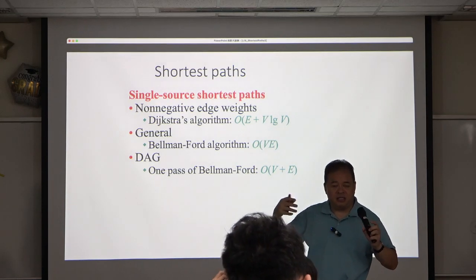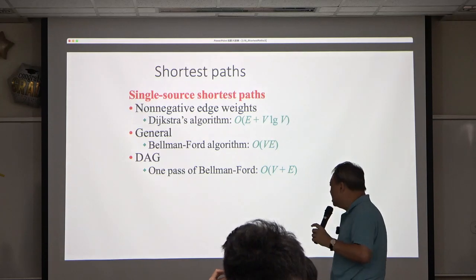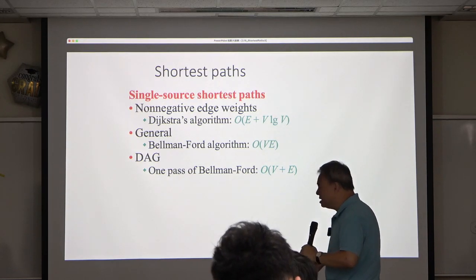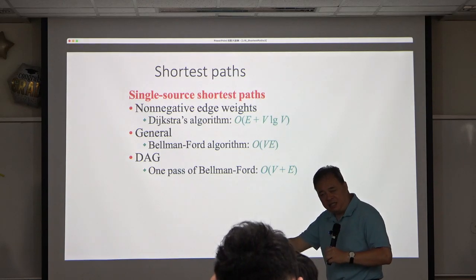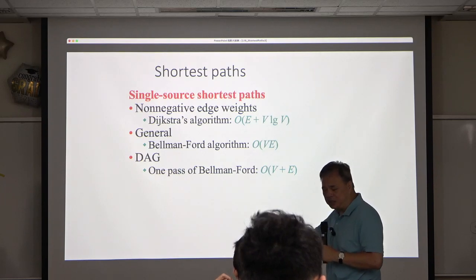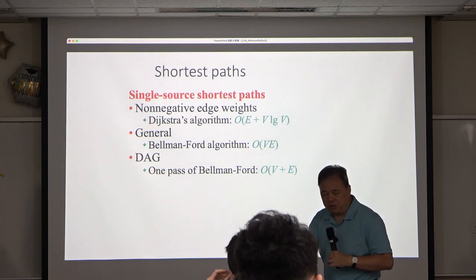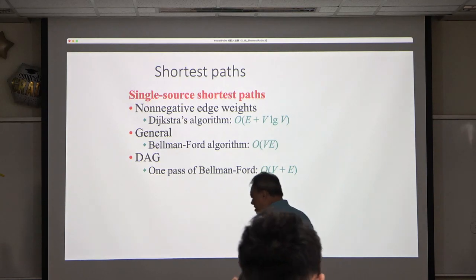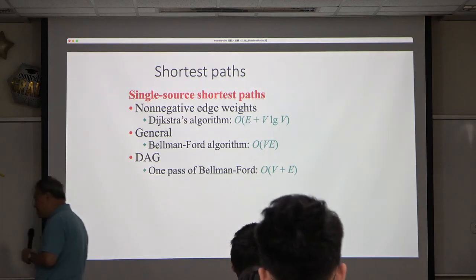Then you are guaranteed a much better complexity. Because I don't have enough time, I will end here. If we have time, I will talk about this. If we don't, you can check it out. There are references you can find online very easily.